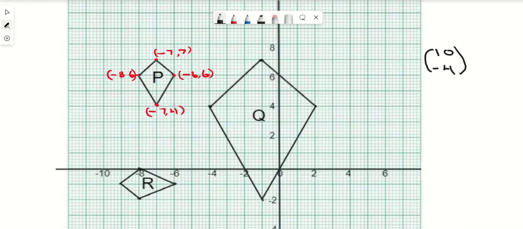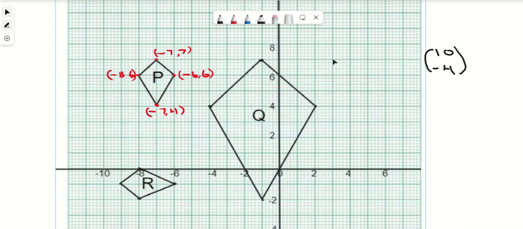Now, the first method I am saying is you're going to take each coordinate and you're going to move it 10 places in a positive direction. If it's in a positive direction, we're heading to the positive numbers, right? So let us look at this. We're going to start at -7, 7. So we're going to go 10 units across. 1, 2, 3, 4, 5, 6, 7, 8, 9, 10, right?